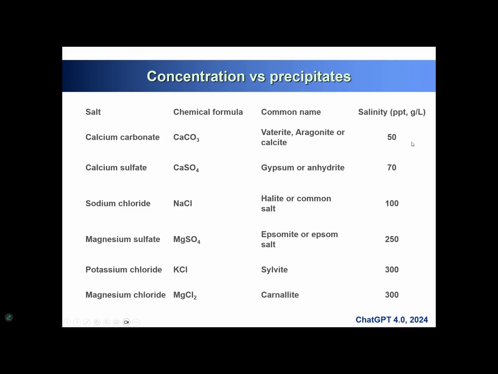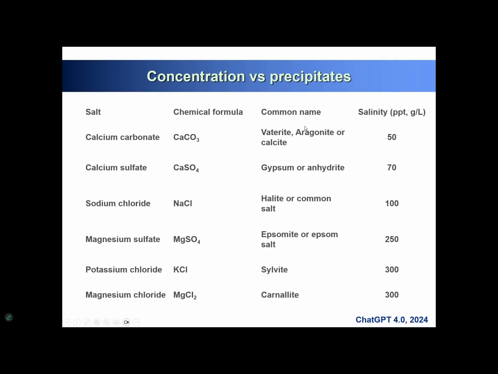So when you have around 50 grams per liter, even calcium carbonate is not that simple. There are three different precipitants that can be produced: vaterite, aragonite, or calcite. Vaterite is the initial, the least thermodynamically stable crystal form.